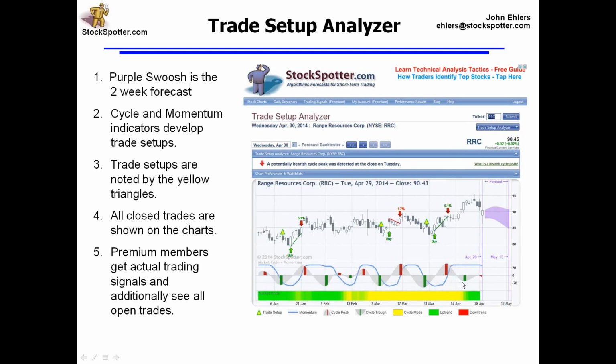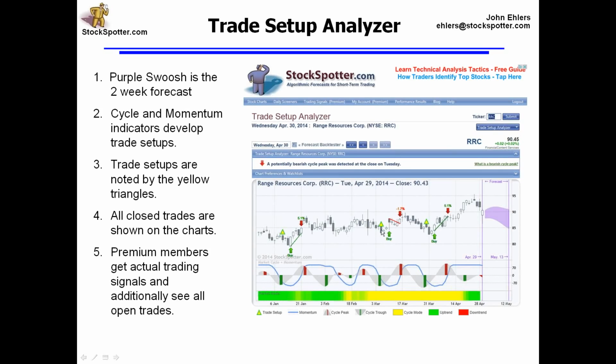We have the bandpass filtered cycle component, and right here at this point, for example, we have a trade setup that's caused because the cycle indicator is at a minimum, at a trough, and the momentum is declining. That defines that setup, and we decided to take a trade 2 days later and got in on the open of this bar and made a 5% trade.